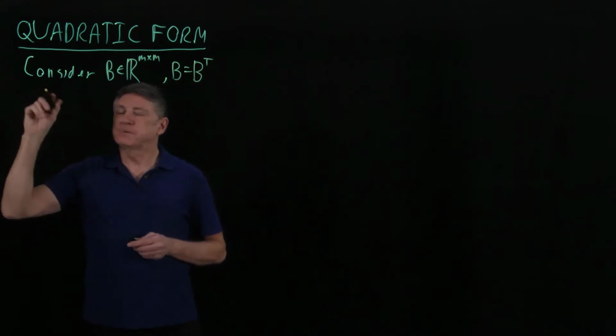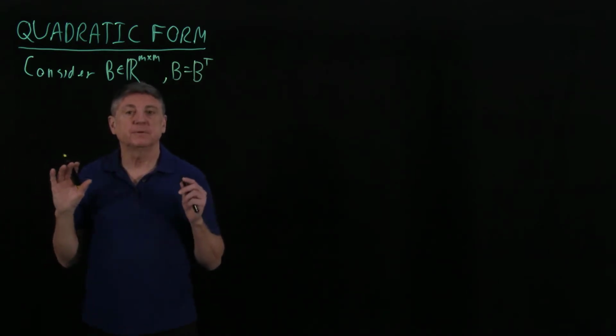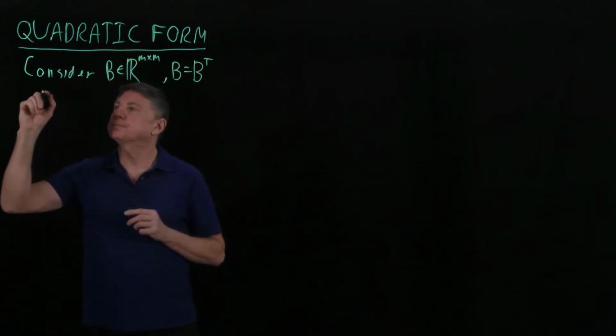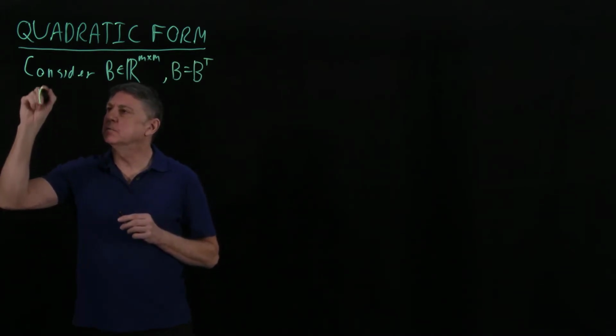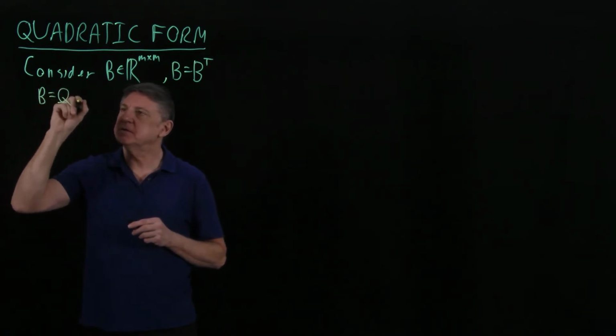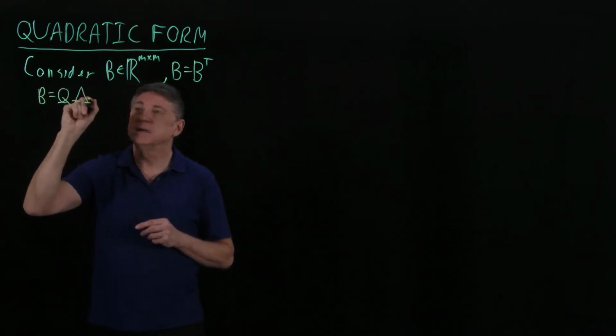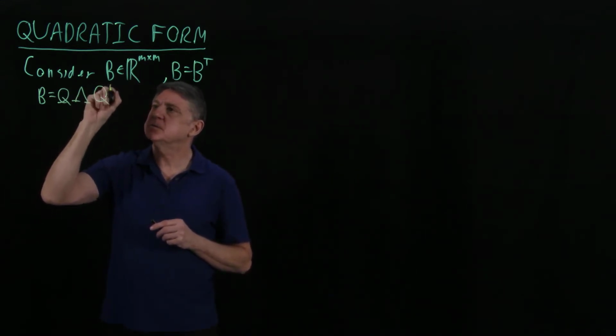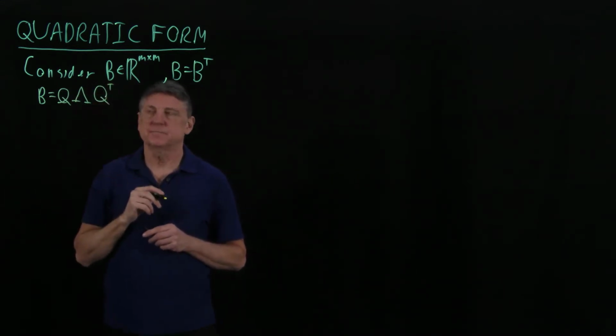Then, from a particular form of the spectral theorem, we know that we can write this matrix as an orthogonal matrix times the diagonal eigenvalue matrix times the transpose of the orthogonal matrix.